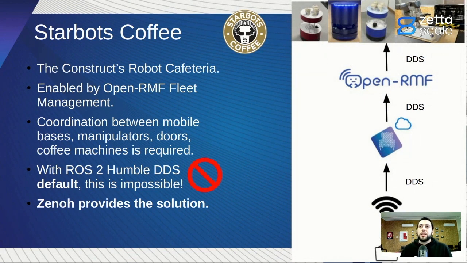However, this can be done with a single robot with a default off-the-shelf ROS2 Humble DDS configuration.